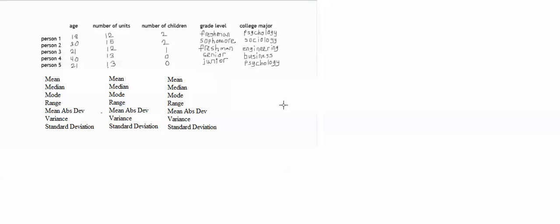And all three of these are quantitative variables, which means that we can actually calculate all 7 of these values. But grade level is an ordinal variable. It's a variable that has categories that follow in order, but it doesn't have numbers that stand for amounts. So we actually can't calculate a mean for the grade level column. We can calculate a median and a mode.